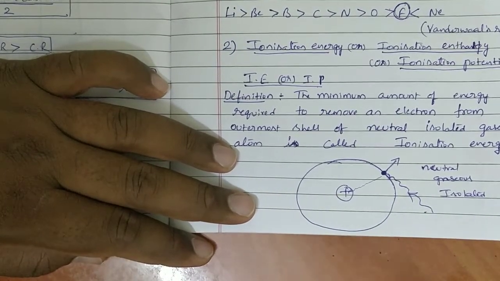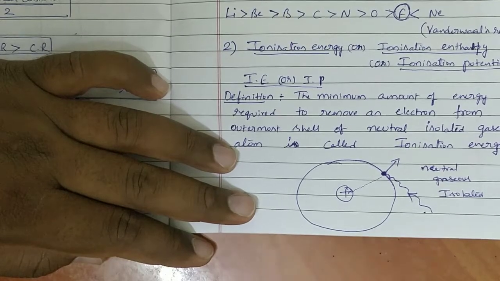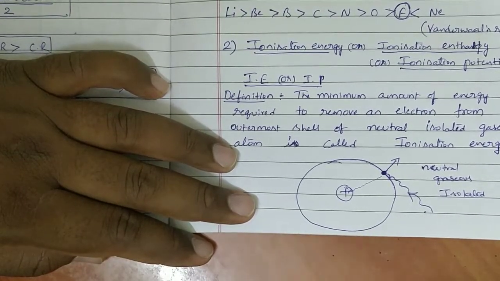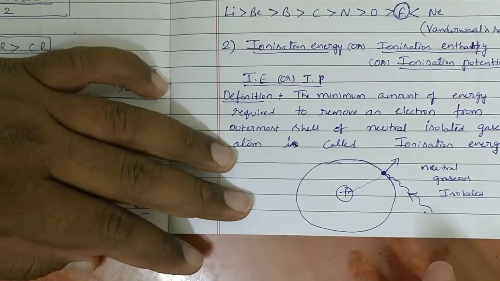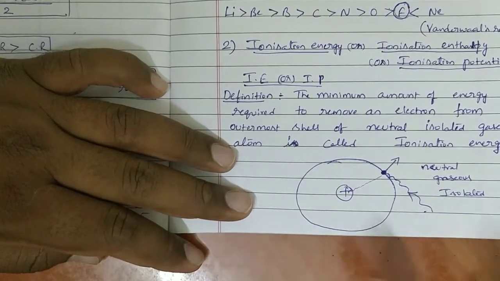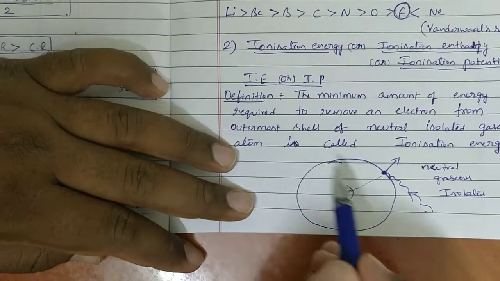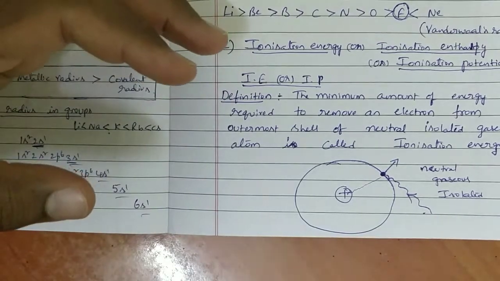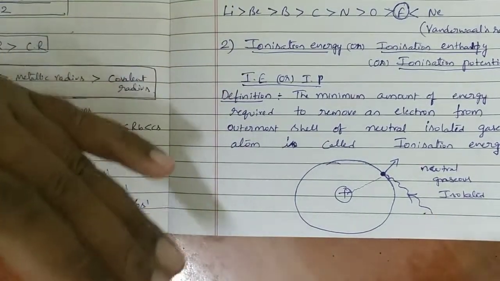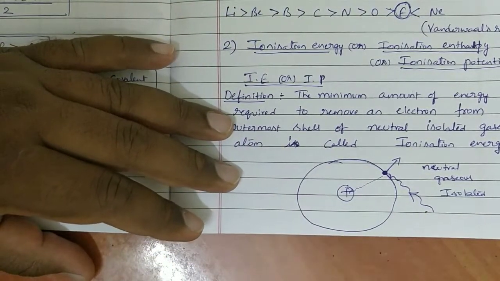Even though they want to get stability, a particular reason is needed, then only they will donate the electron. Correct? For that also some amount of energy is required. But depending on atom size, different factors are there to affect the ionization energy. A bigger atom can lose the electron easily, like that. Those factors also we will see clearly.